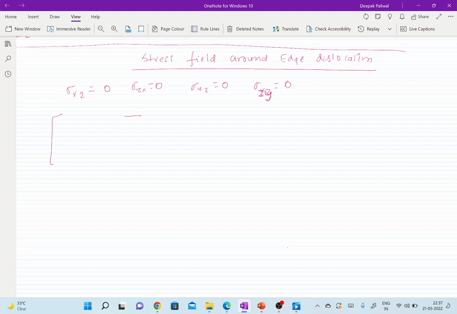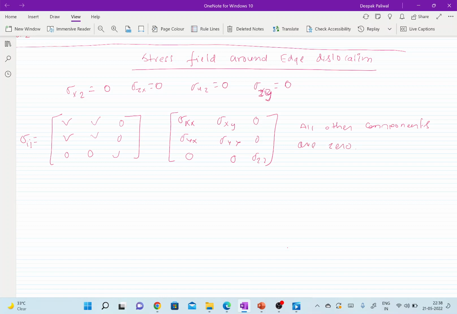If I represent this as a tensor sigma ij and mark only those components which are available in the stress field of an edge dislocation, the components which are not equal to 0 are sigma xx, sigma xy, sigma yx, sigma yy, and sigma zz. All other components are 0.